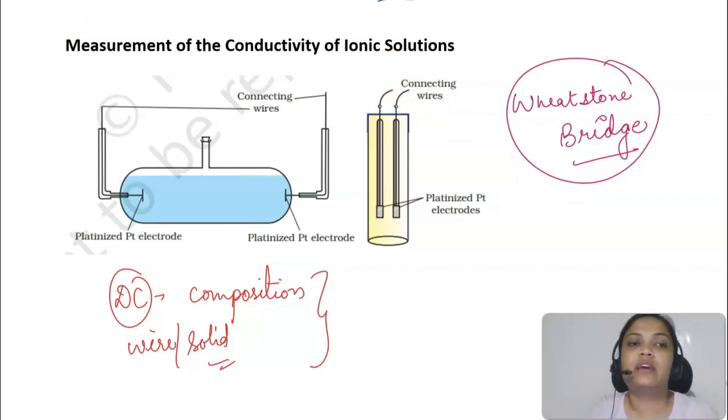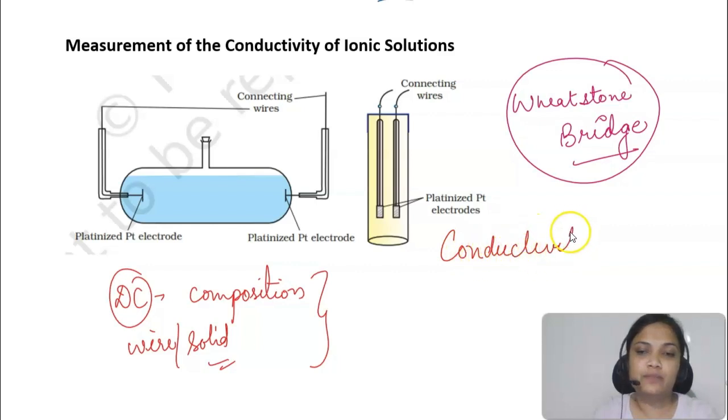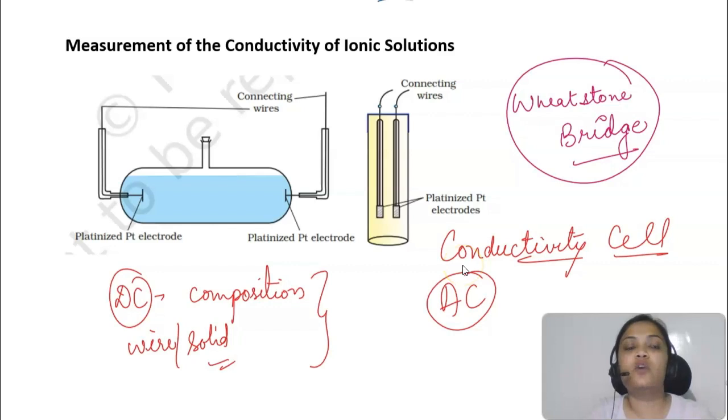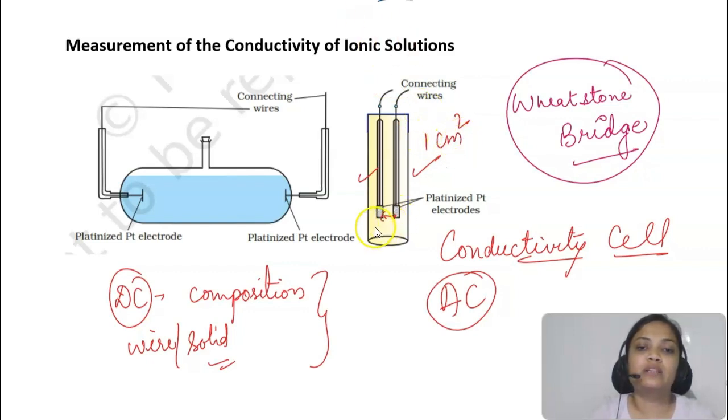But there is another thing known as the conductivity cell, which you can see in this picture, which we use for finding the conductivity of ionic solutions. The first thing is that we will not pass DC current through it, we will pass AC current, so that the composition of the solution does not change. And in this conductivity cell there are two platinum electrodes coated with platinum black, which have an area of cross section of 1 centimeter square, and the distance between them is 1 centimeter.